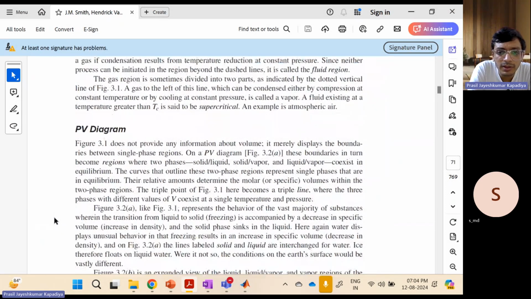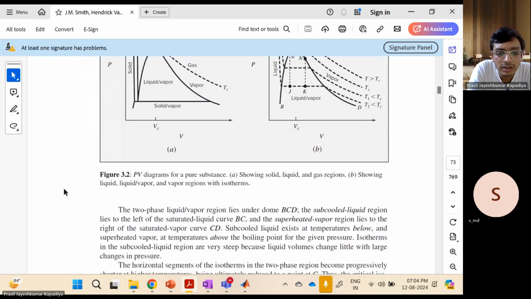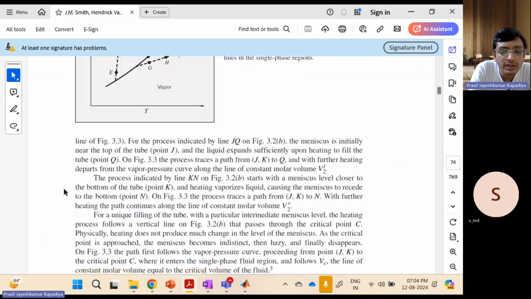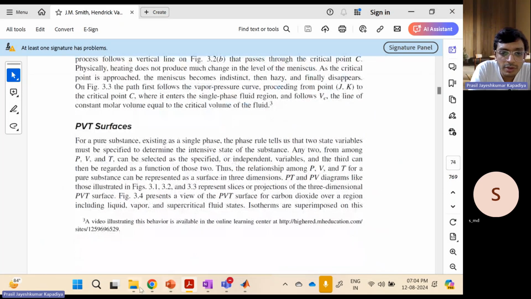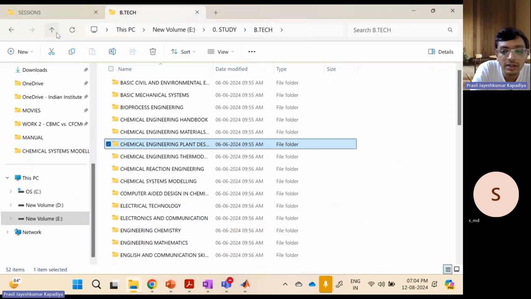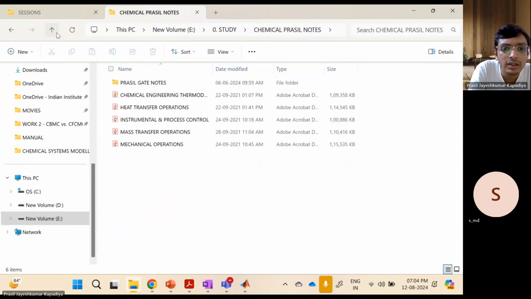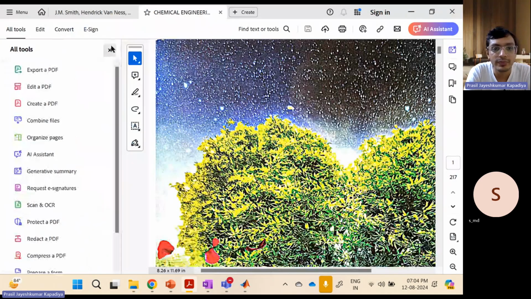PT diagram. In the PV diagram. No, it's not here. Okay, just give me a minute. I will show it to you somewhere else, from my notes.